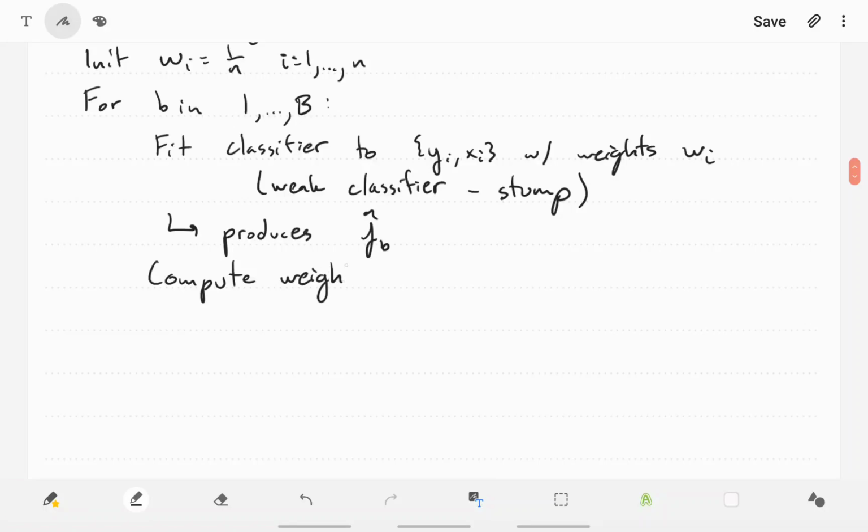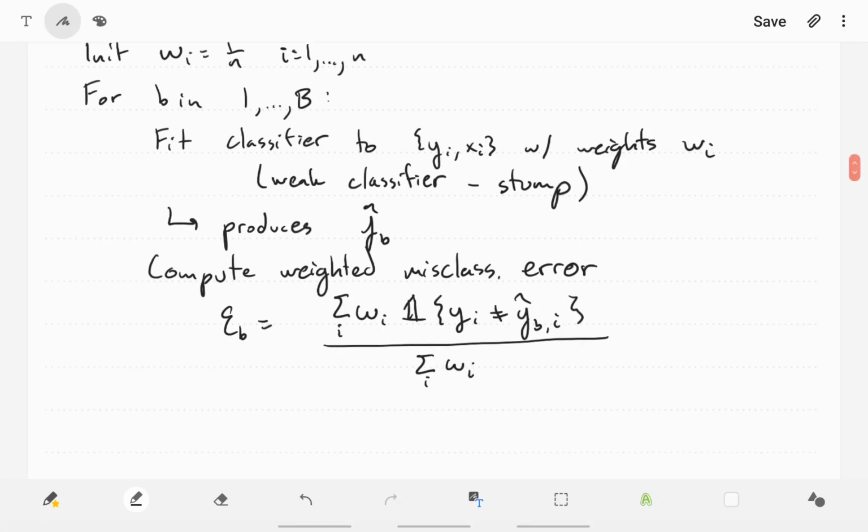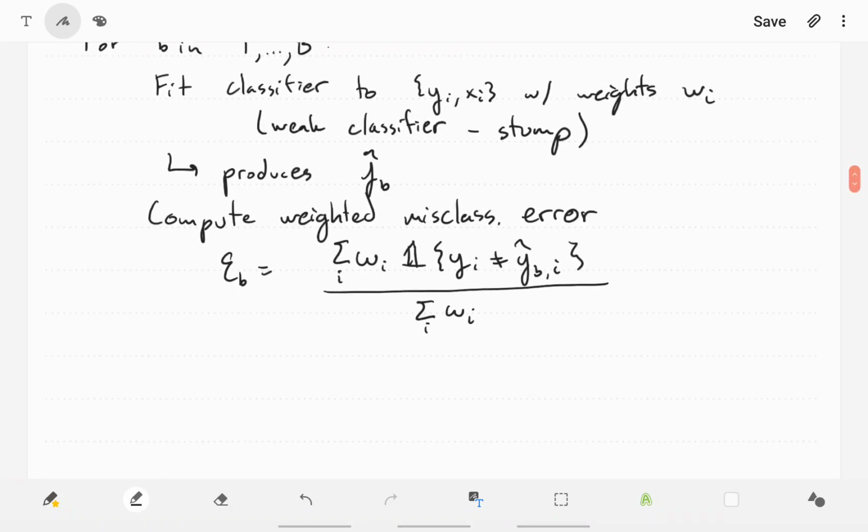This will be epsilon_b equal to the sum over i of the weight for the given point, w_i, times the indicator that y_i is not equal to y hat b_i, where this is the prediction, over the sum over i of w_i. So this is just the misclassification error when a point is weighted proportional to w_i.